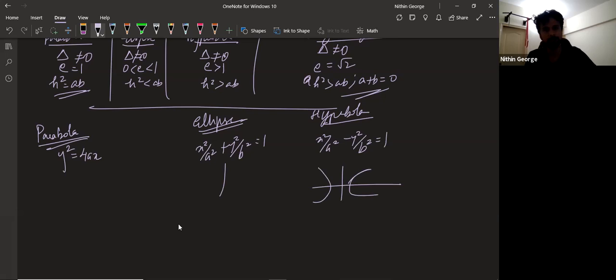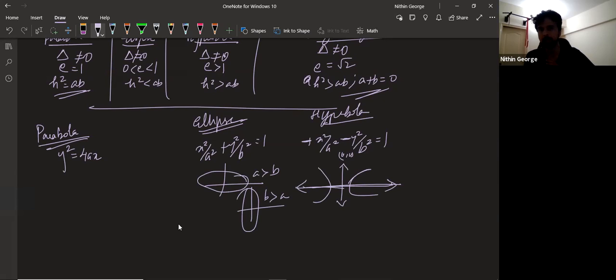It'll look like this if a greater than b, and it'll be like this if b greater than a. Now here it doesn't matter if a is greater than b or b greater than a. Where the minus sign is attached to, where the plus sign is attached to, that should tell you where the axis is. Okay, the transverse axis is on the x-axis, and conjugate axis will be perpendicular to it. The center is 0, 0. So here it is, y-axis.